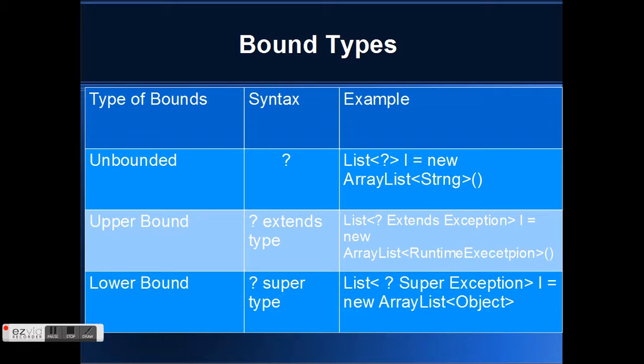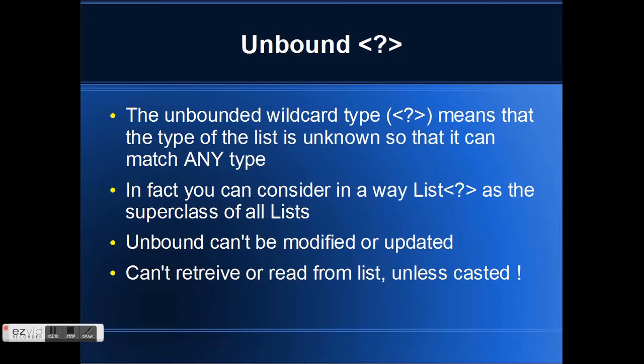So what is the unbound? The unbound wildcard type means that the type of the list is unknown, so it can match any type, any object type. Again, this question mark, the unbound wildcard, can match any object type.